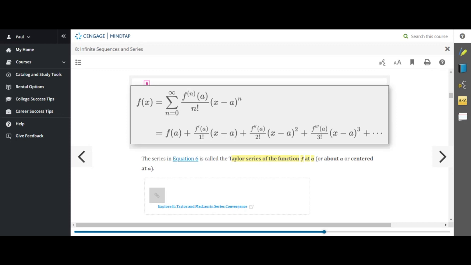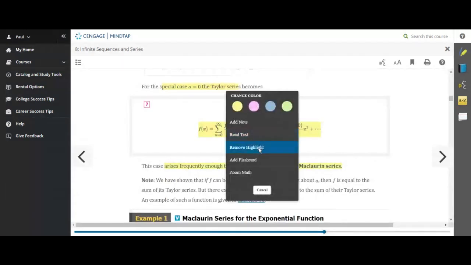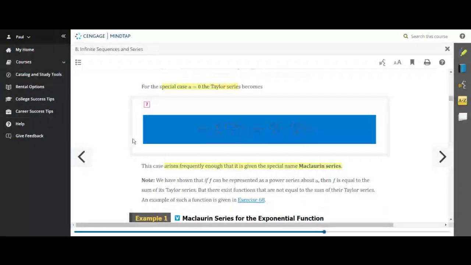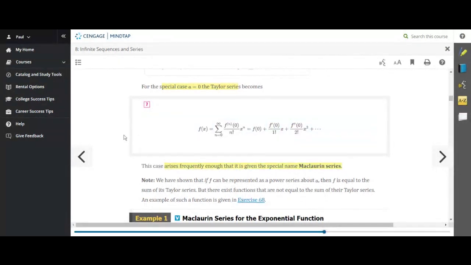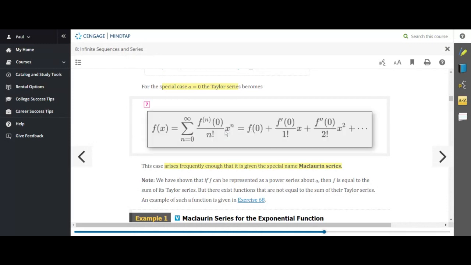Now, there's a special case if the value of a is equal to 0. Hold on, I want to get the blue off. There we go. For the special case where a equals 0, the Taylor series becomes this power series.